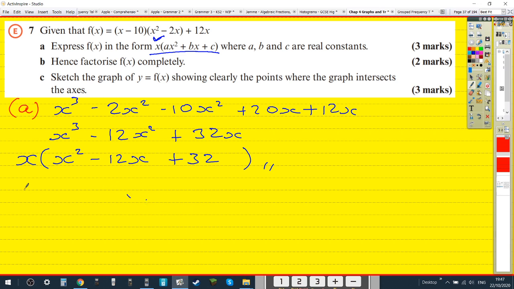And then it wants it factorized completely. So is that just getting everything out of the bracket? Just fully factorize into brackets.